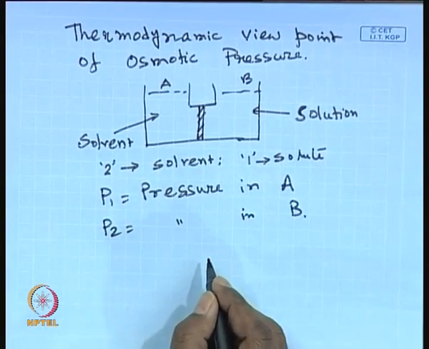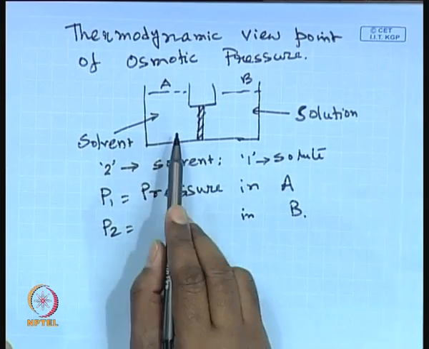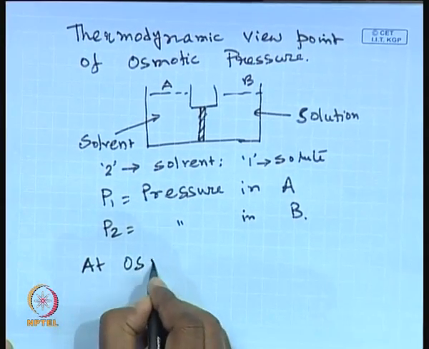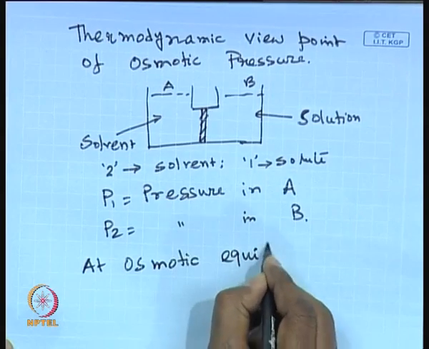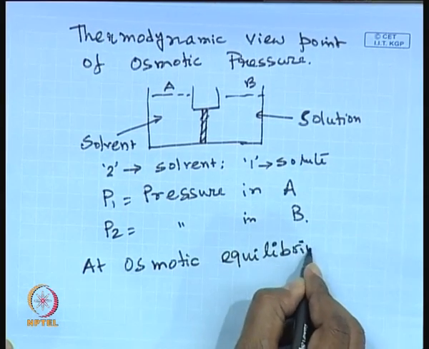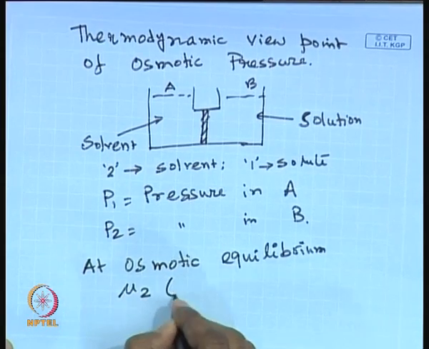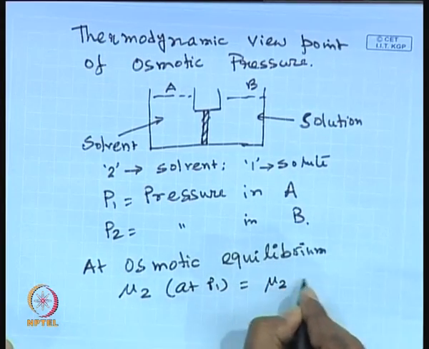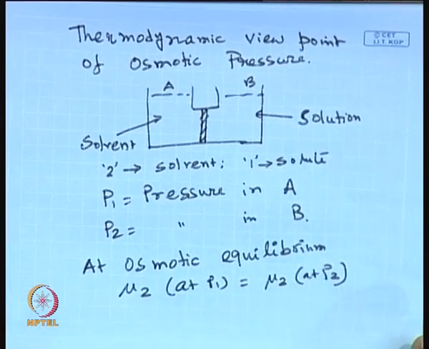Now, at osmotic equilibrium, the chemical potential of the solvent is equal on both the chambers. Okay.